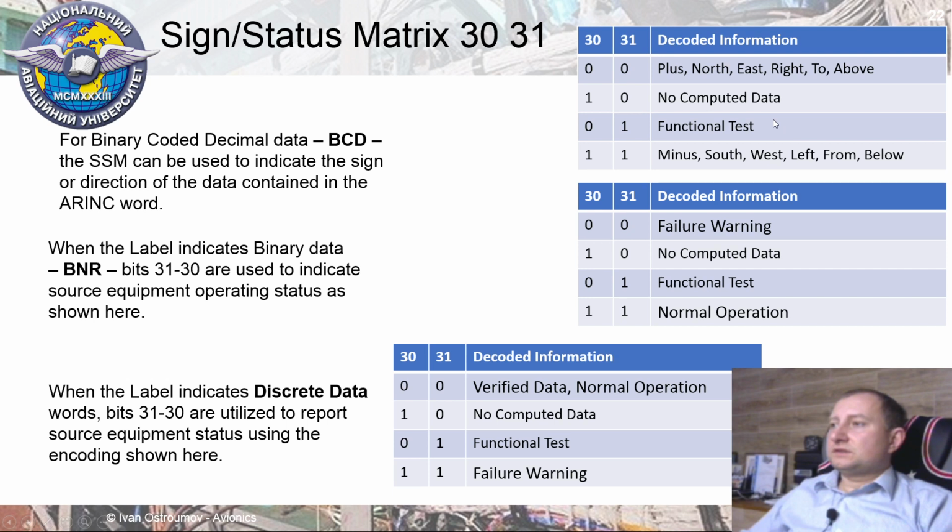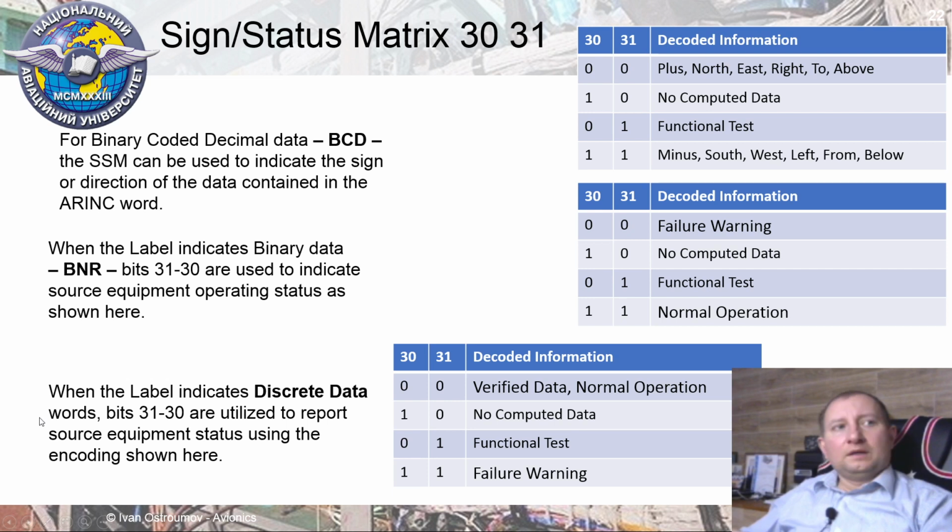Then, if we transfer data in binary form, the sign is transmitted at the 29th bit, and in this case the 30th and 31st bits are used as a status matrix. In this case 0, 0 means failure warning, 1, 1 means normal operation, and 1, 0 no computed data, 0, 1 means a result of functional test.